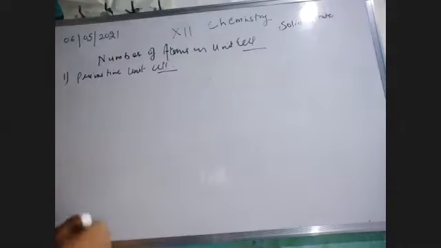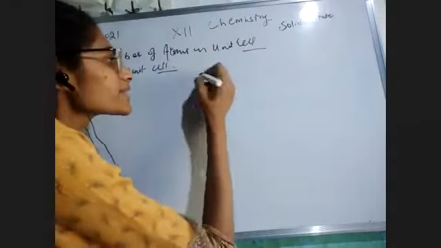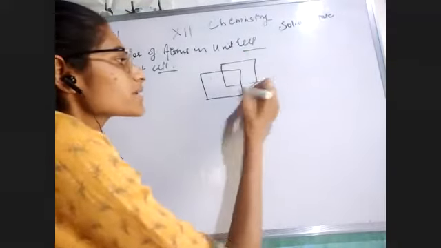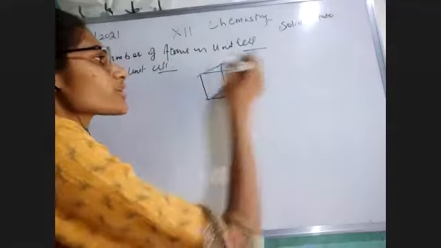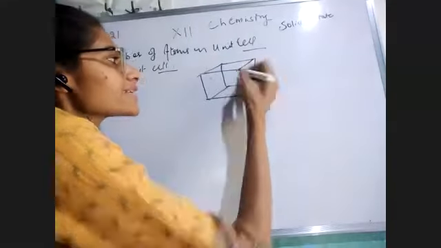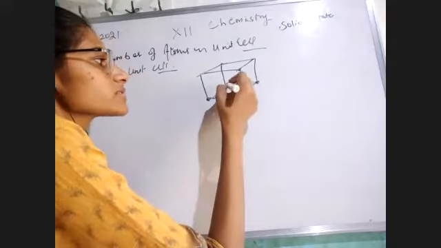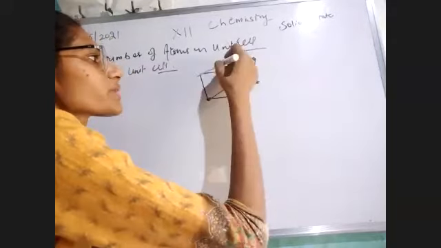You know very well that in a simple unit cell there are some lattice points, and these points are the constituent atoms or ions present there.